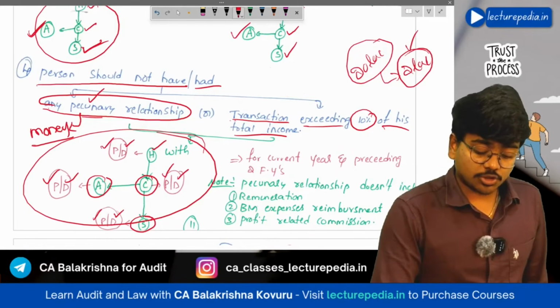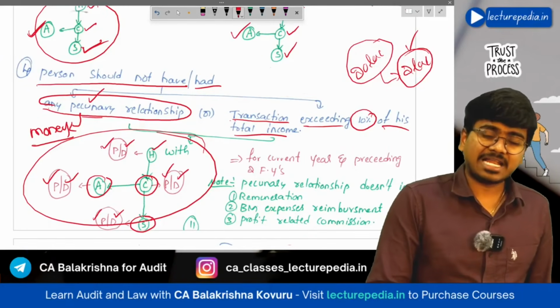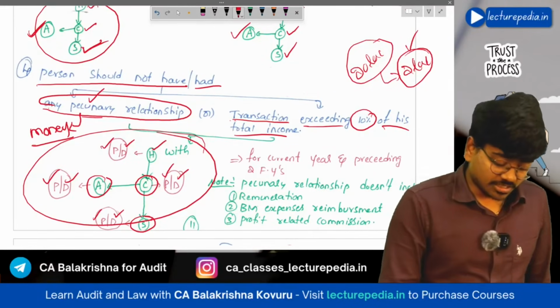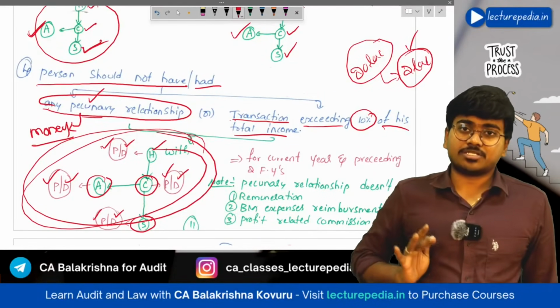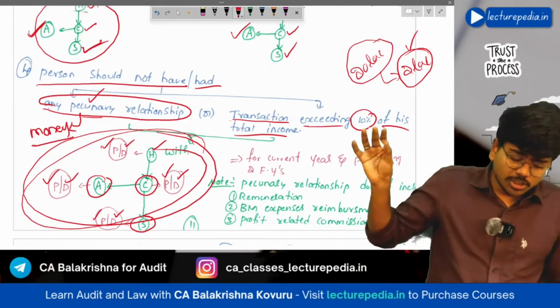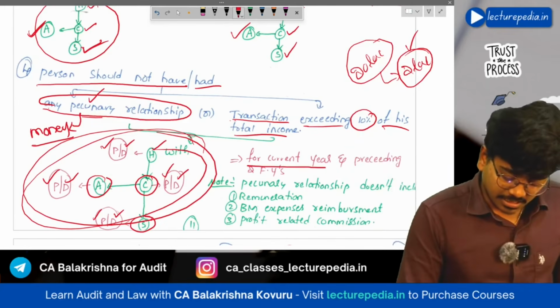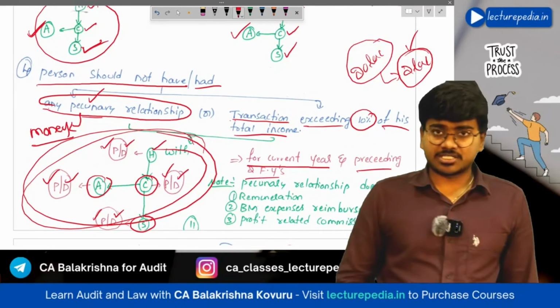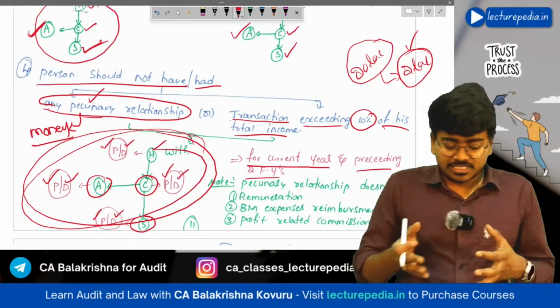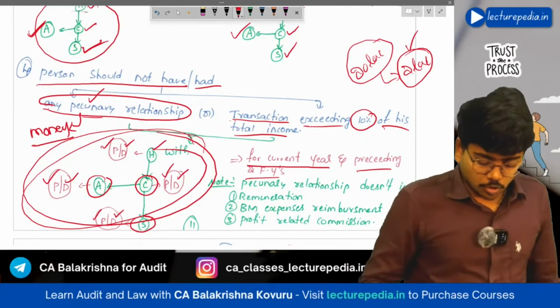So that person should not have, or should not have had, any pecuniary transaction of rupees 2 lakhs or more with these people, in the past or in the present, right? Next, you need to see this for the current year and the preceding two financial years. These pecuniary transactions you need to see for the current year and for the past 2 years.